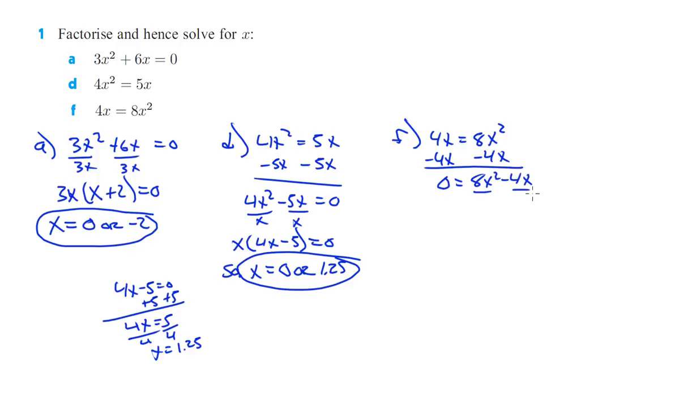All right, what can we factor out of both of those? We can factor a 4 and an x out of both of those, right? So we get 4x times, that's going to leave us with 2x minus 1. So x can equal 0, because 4 times 0 is 0, or 2 times what minus 1 gives us 0.